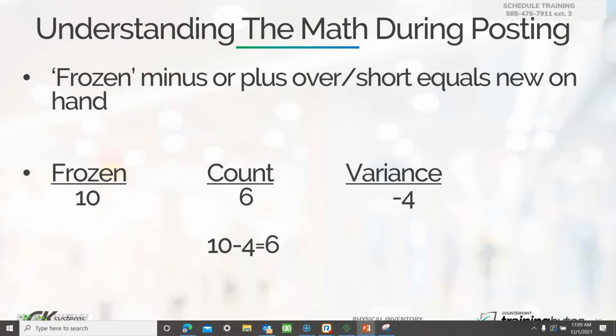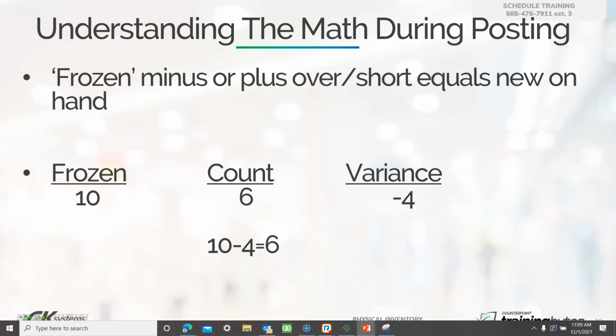So in this example, 10 minus 4, because that was my variance since I counted 6, 10 minus 4 equals 6. So 6 will be my new on hand. This is why you shouldn't sell, receive, or do transfers or inventory adjustments during the counting process, because Counterpoint is going to use this exact math.